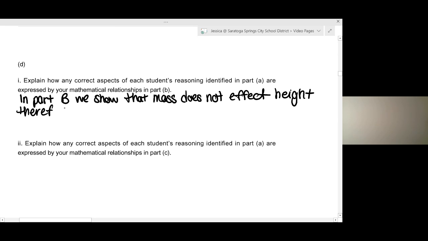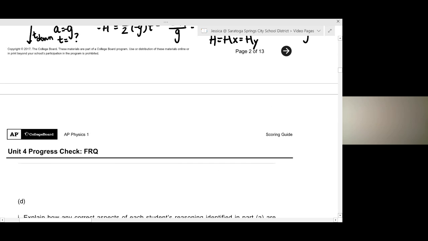Therefore, X and Y have the same max height. Yay! So in part B, that's where we did the mass and height.